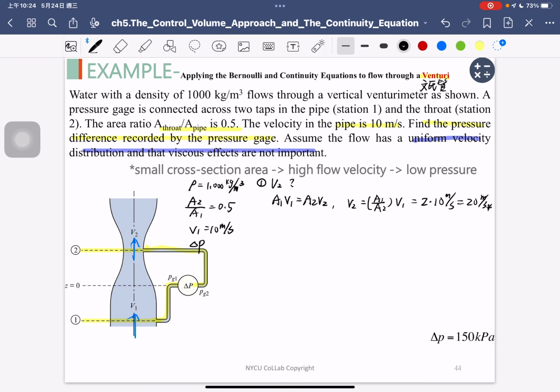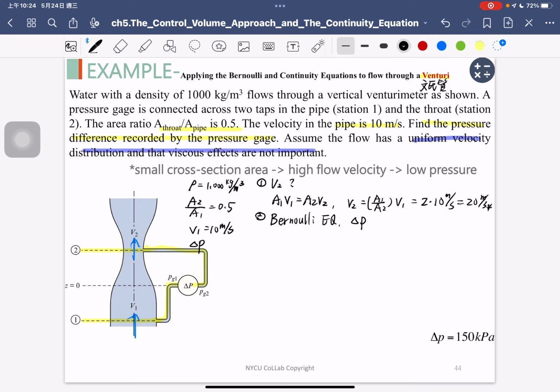That's how we know the V2 velocity. Second, we should apply the Bernoulli equation, because we want to understand how the pressure changes along cross-section 1 to 2.